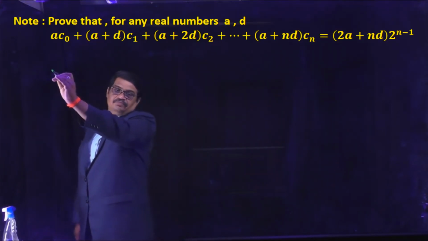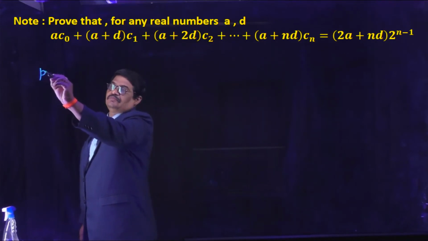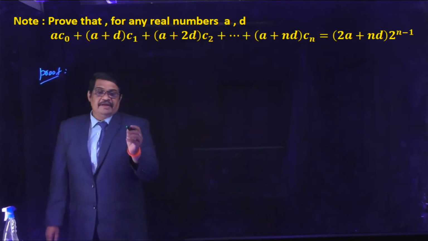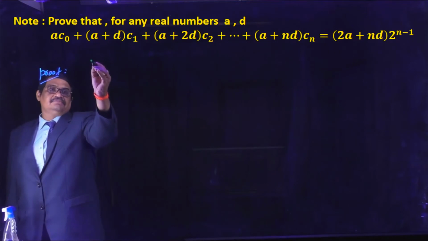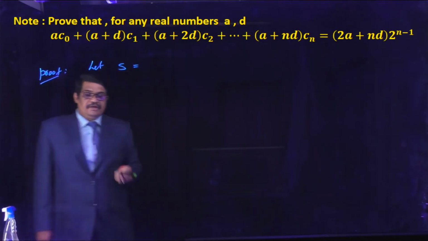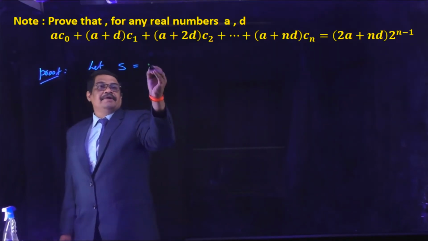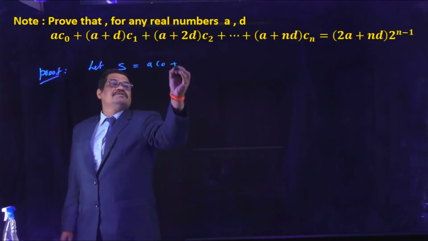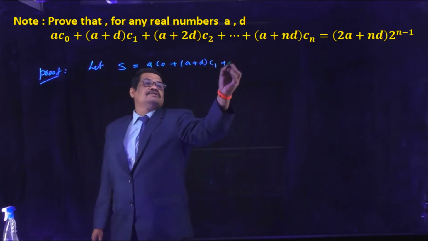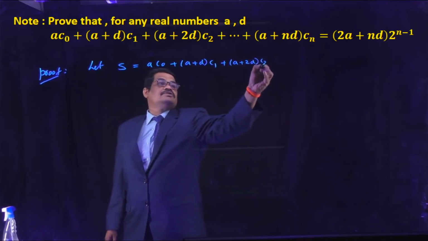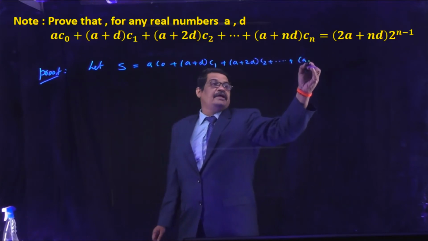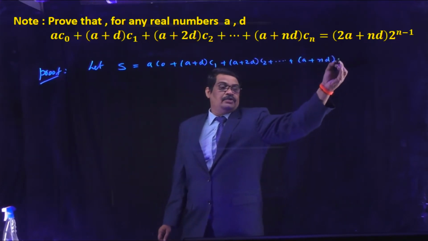Okay, so the proof is as follows. Let S be the LHS of the given result. What is the LHS here? S is equal to a C naught plus (a plus d) C1 plus (a plus 2d) C2 and so on, plus (a plus nd) into Cn.